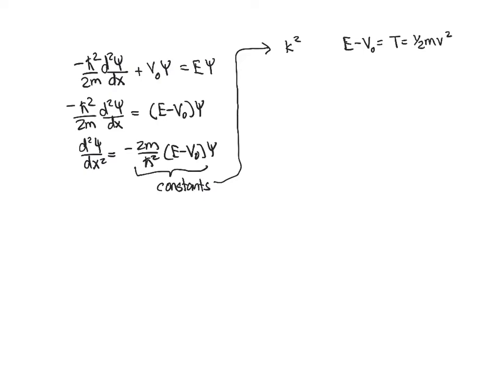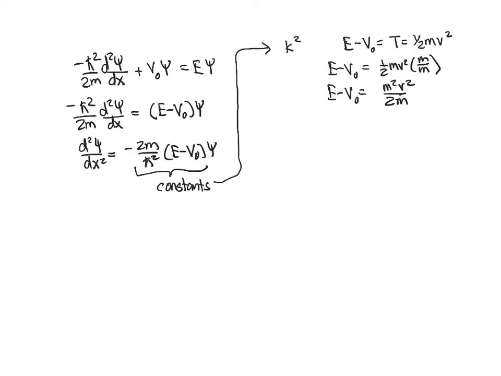And if I take E minus V naught, I can multiply 1/2 mv squared by m divided by m, in other words, multiply it by something that equals 1. I haven't changed its value. So that tells me that E minus V naught is equal to m squared v squared over 2m.